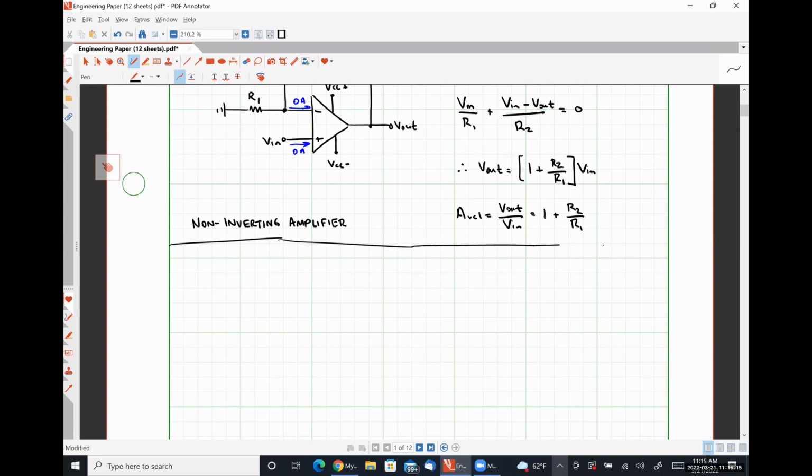Our next circuit is going to again be extraordinarily similar. We're going to have our negative feedback path containing our resistor R2.